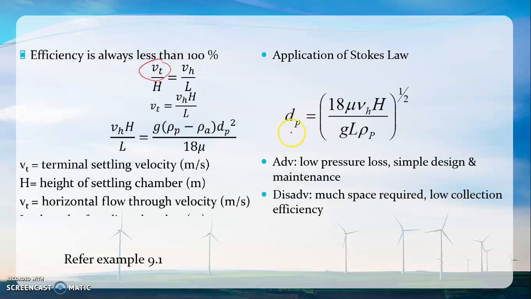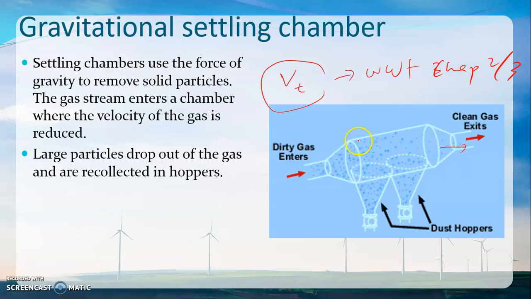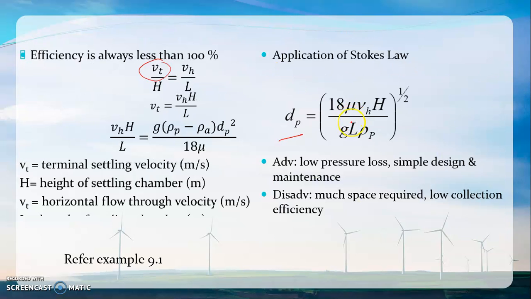Either you are given dp, the particle diameter, and you solve for H, or the length of the chamber. Here rho p is the density of the particle, g is the gravity, and mu is the viscosity of the gases.